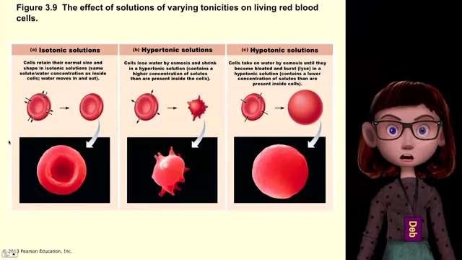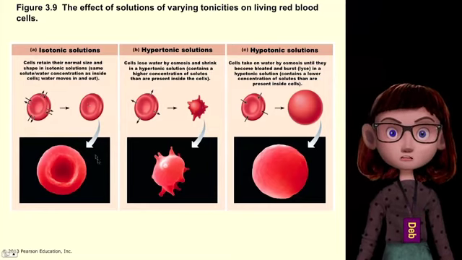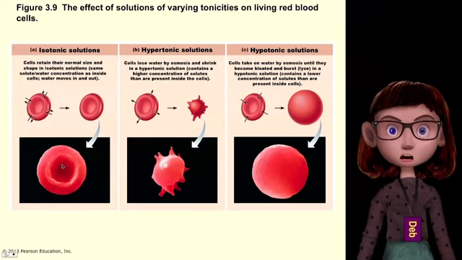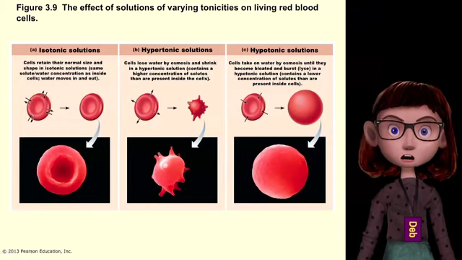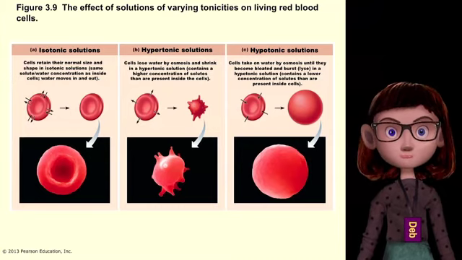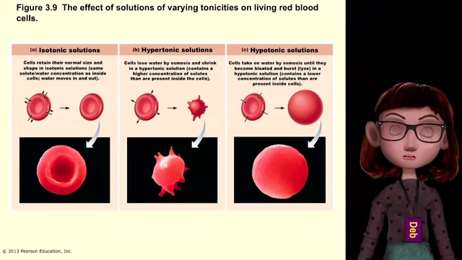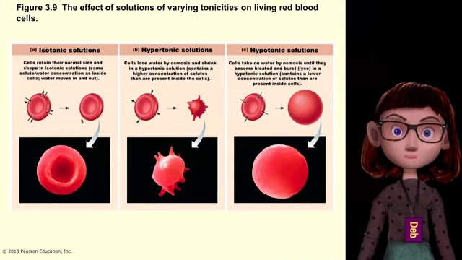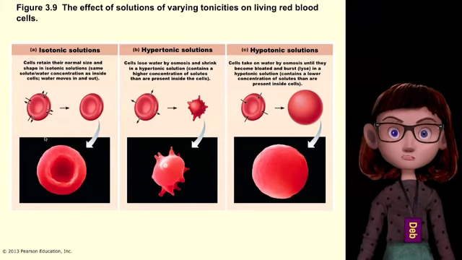And keep in mind, the surrounding fluid around red blood cells in your blood is going to be the same as the fluid inside of the cells. And this is about 0.9% tonicity. So you want to infuse something that is isotonic, like normal saline, which is 0.9% sodium chloride.